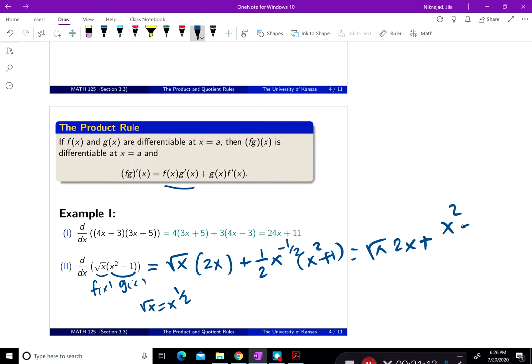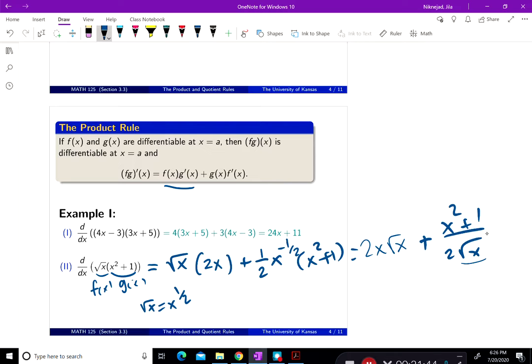x squared plus 1 on top, and bring the 2 out: 2x square root of x. By the way, you can put that together, or first you can take care of this part because there's a square root of x in the bottom.